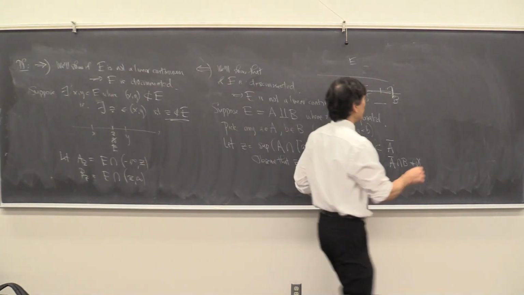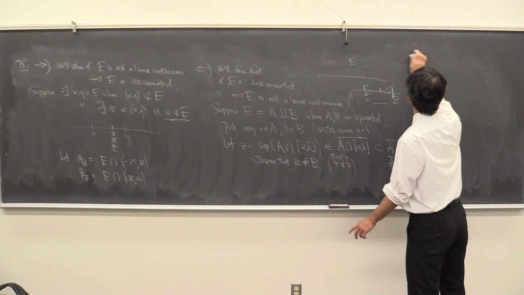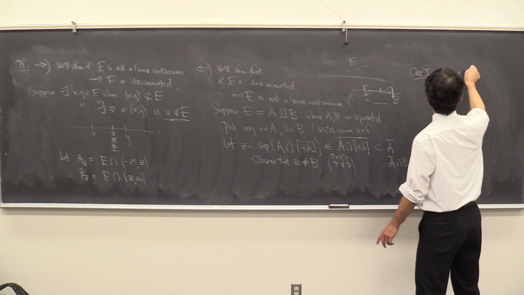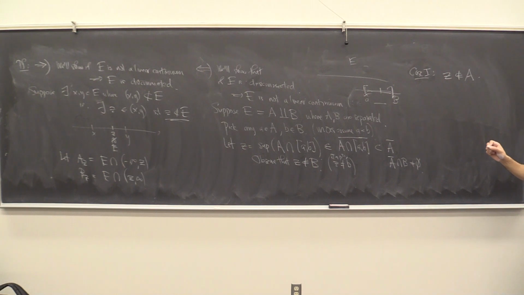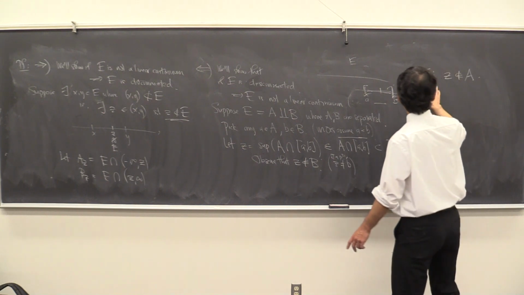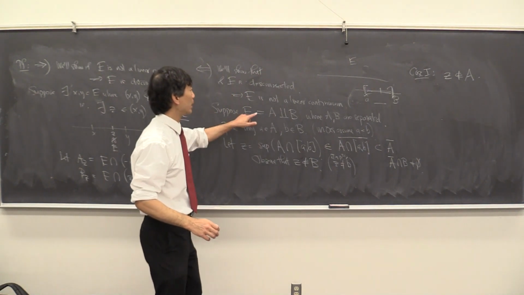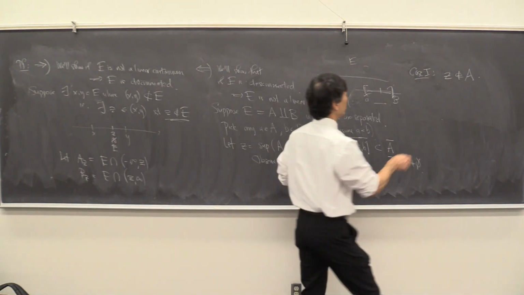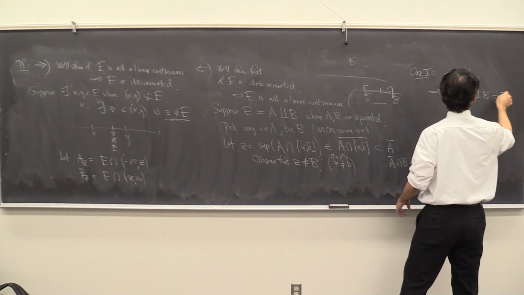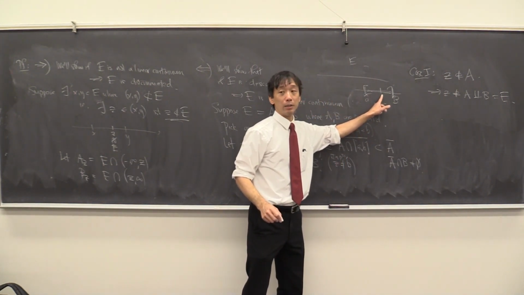Okay, so now we say, well, look, there are two cases. Case one: suppose z is not in A. There'll be two cases: z is not in A, and z is in A. So suppose z is not in A. If z is not in A, and it's not in B, well then we're done, because E was the union of A and B. In that case, z does not lie in A or B, hence not in E, and we found a point that lies between a and b and is not in our set.